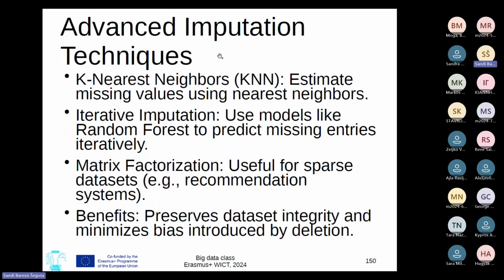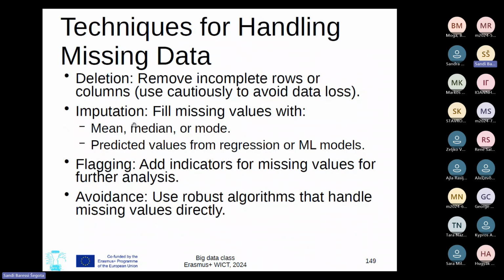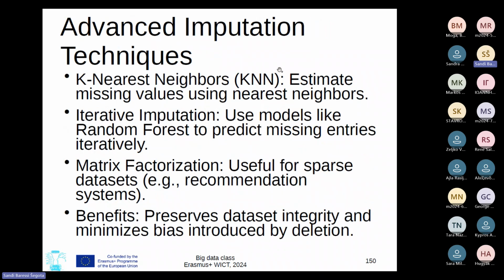Imputation, as I mentioned, can use the mean, median, or mode values, but you can also do it with k-nearest neighbors: if you have two values next to one another, you can fill out the missing value in between them.